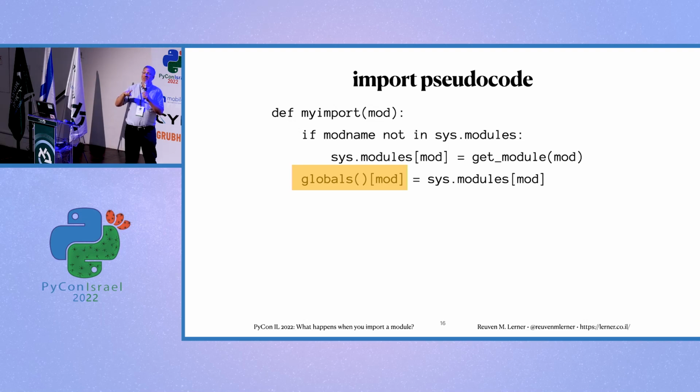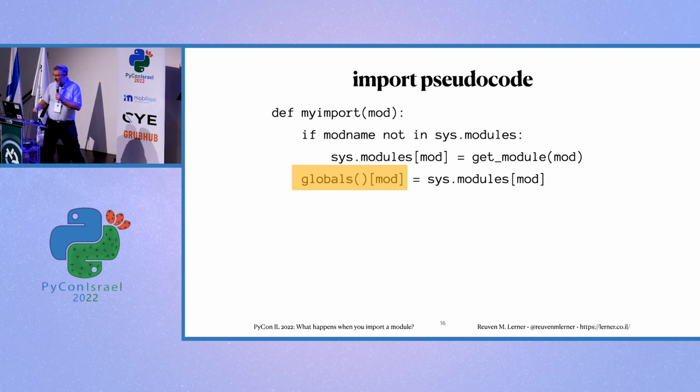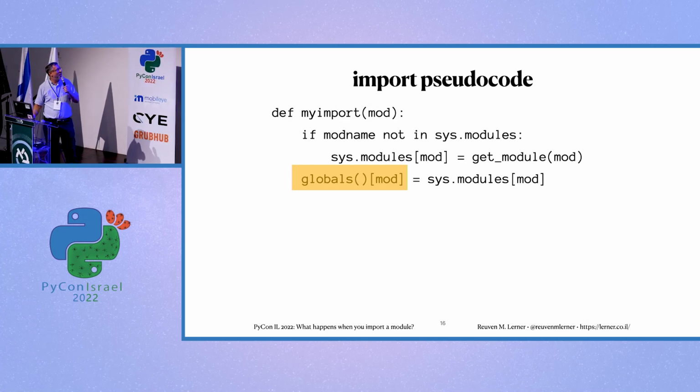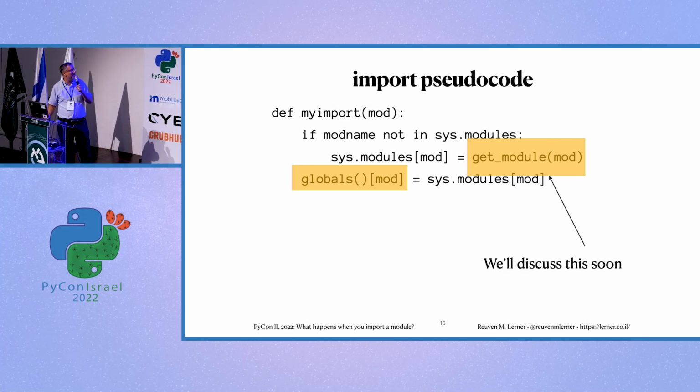And it turns out that not only does it return the dictionary of global variables, you can assign to it. Now, don't do this at work, unless you really hate your colleagues. But don't do this at work. However, we can see that it works pretty well here, and we can assign to it. Now, what is this get_module that I'm pretending exists? That's the imagination I mentioned before, right? So we're going to get back to that.